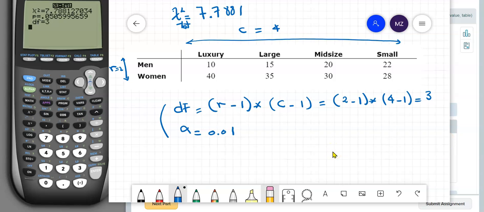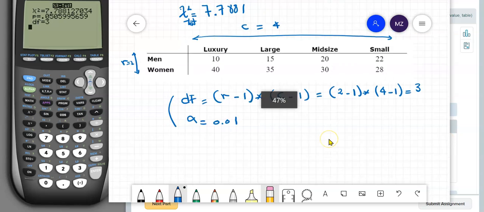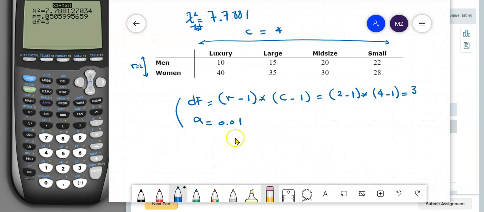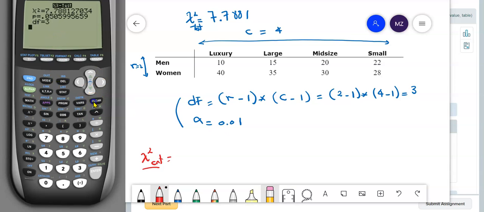So what I am looking for is the chi-squared critical. Chi-squared critical is different, right? So how can I get it? You can get it from second and vars, which is distributions, and then you go to chi-squared.